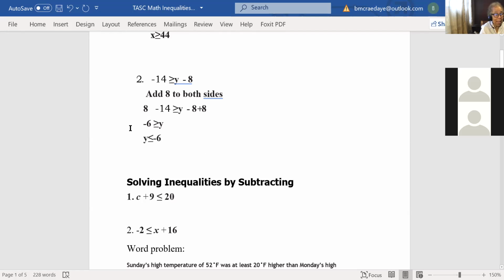And that means -6 is greater than or equal to y. Because it's greater than, say, -7 or -8. What is -6 greater than?